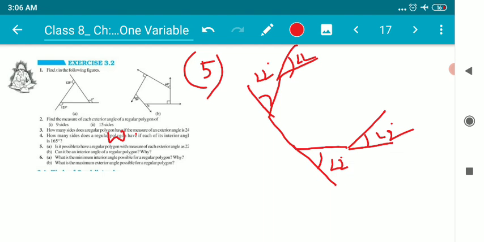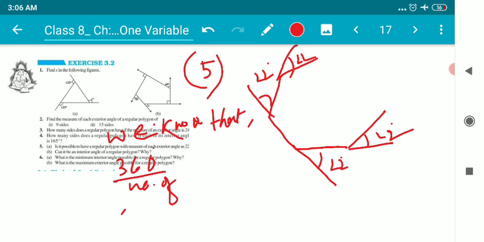We know that 360 by number of sides is equal to measure of each exterior.